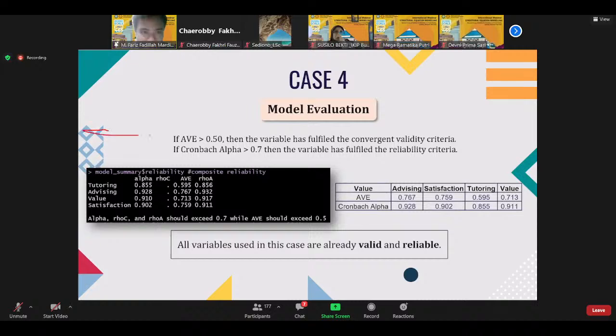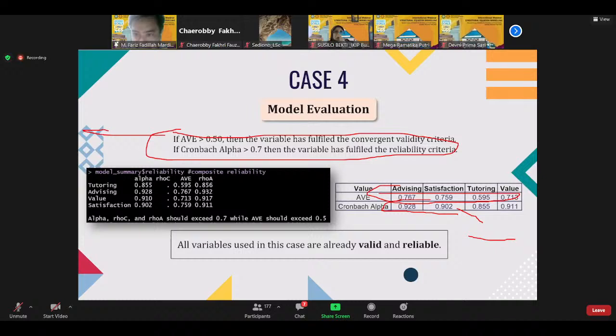There are two conditions or two requirements. You can use both of them, but when you use only one of them, it doesn't matter. In this case, all variables are already valid and reliable. Okay, this is the average variance extracted, and Cronbach's alpha in this case is greater than 0.7.